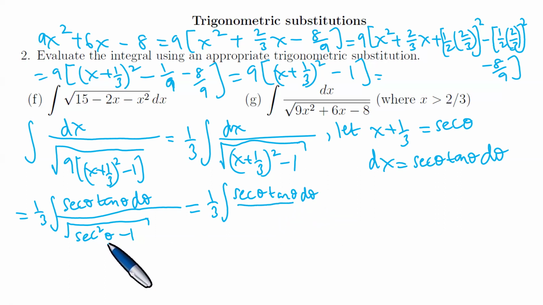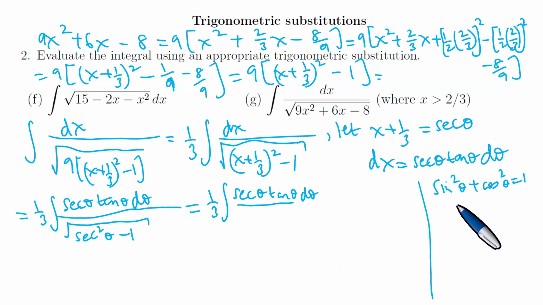What is sec squared minus 1? This one, sec squared minus 1, you need to remember from school. Sine squared theta plus cosine squared theta equals 1. You divide by what? By cosine squared. So you'd have sine squared theta over cosine squared plus 1, and then you divide by cosine squared, which is tan squared plus 1 is sec squared theta.